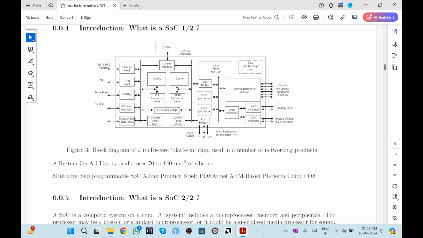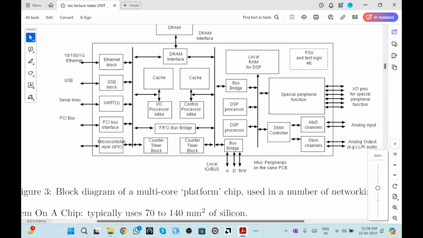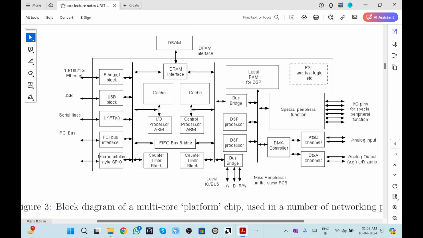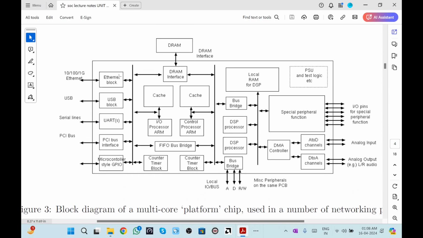This is a block diagram of an interface, which is broken into some segments. We shall start with the DRAM.